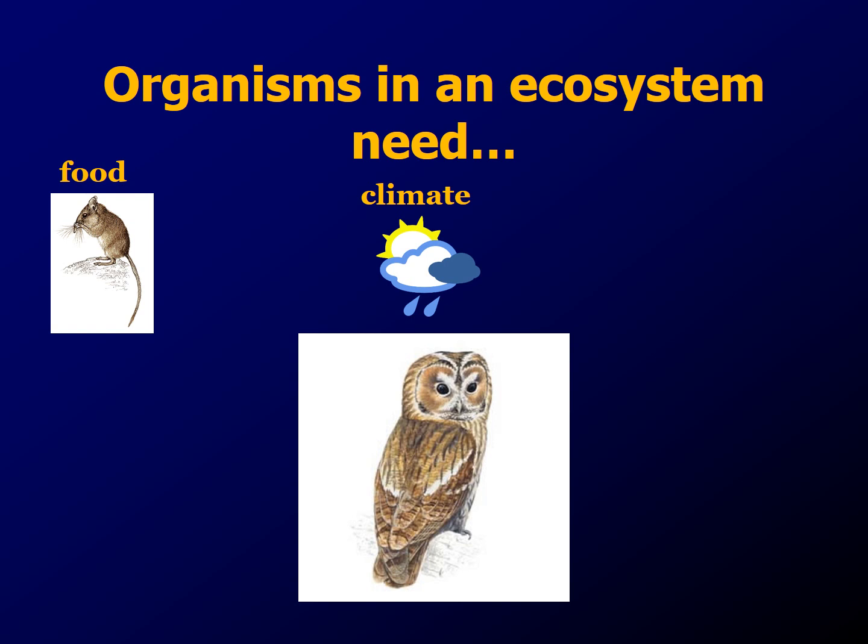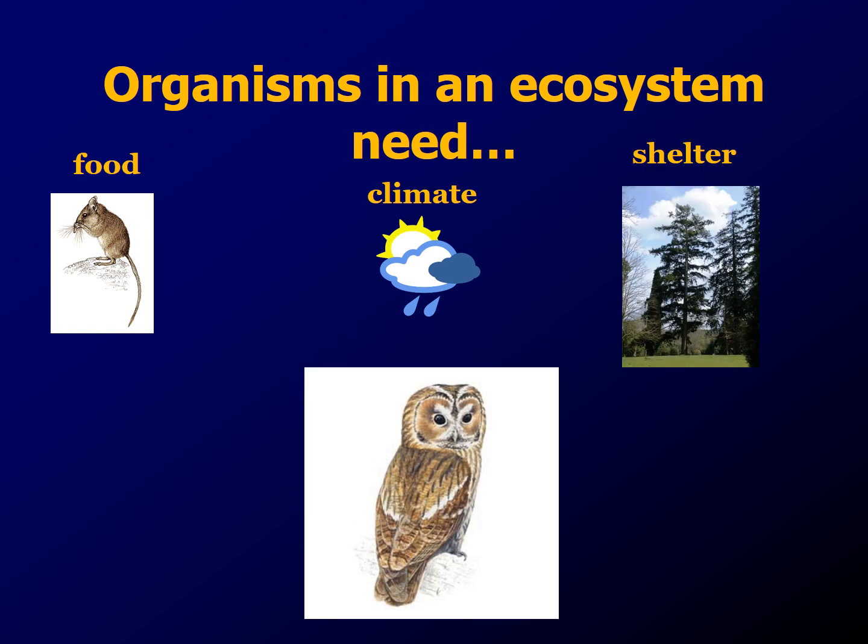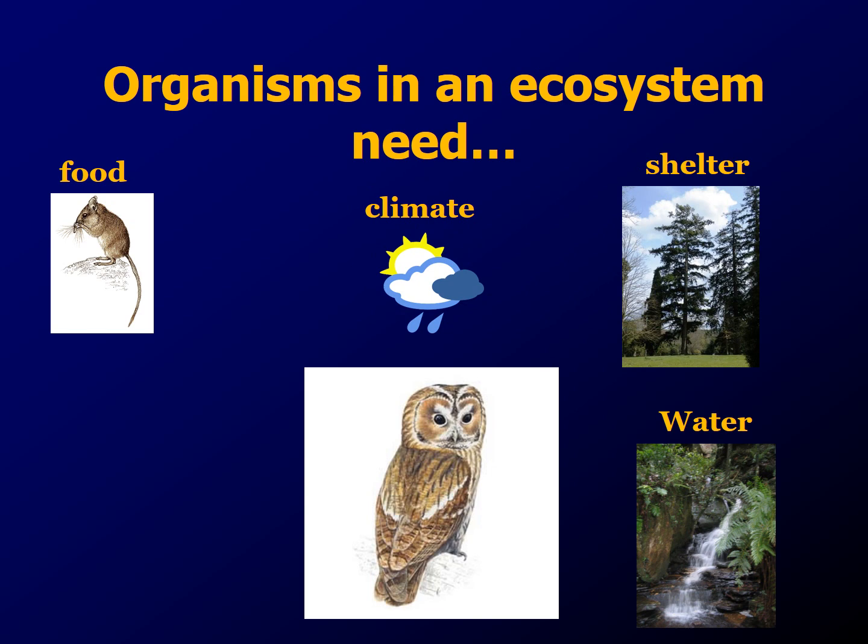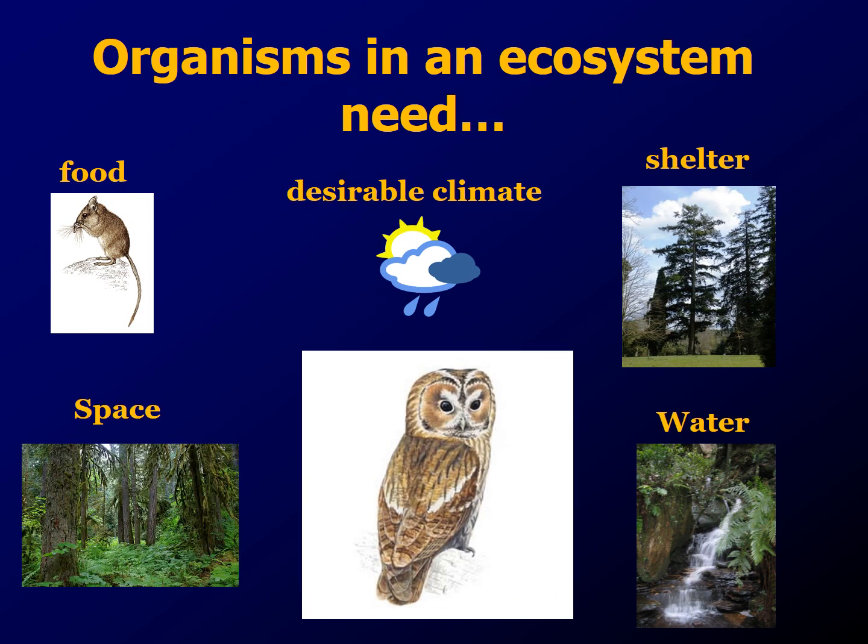These conditions limit the type of organisms that can survive in a particular ecosystem. All organisms require some degree of shelter for protection. All living organisms require water. If water is limited, the ability to support life is also limited. Organisms need space to breed and roam.